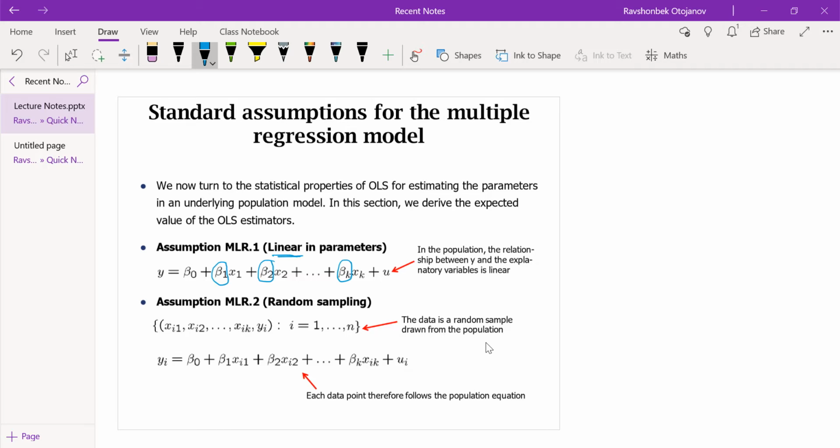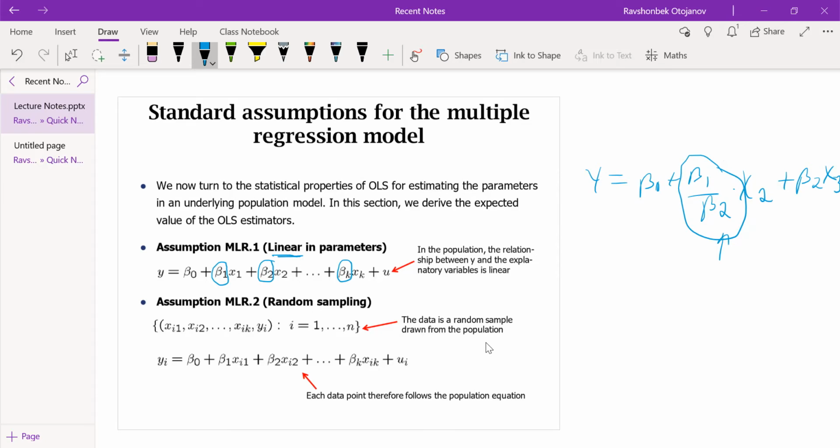For example, a model of this type would be a non-linear model because of the non-linearity in the parameters.